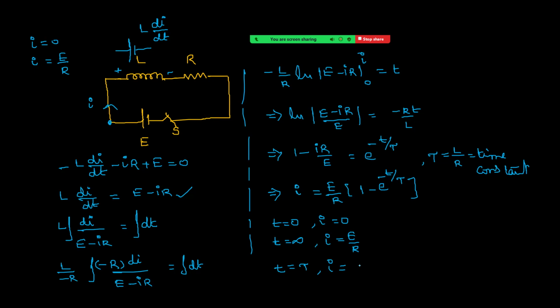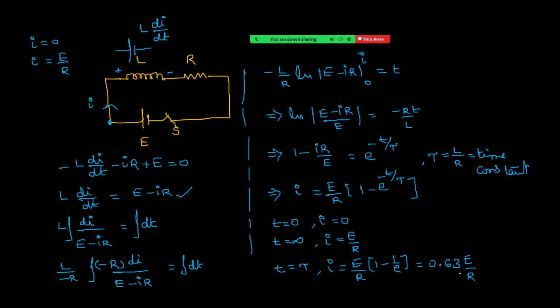This value will be 0.63 into E by R. That means after closing the switch, during growth of current, in one time constant, current increases to 63% of the maximum current.